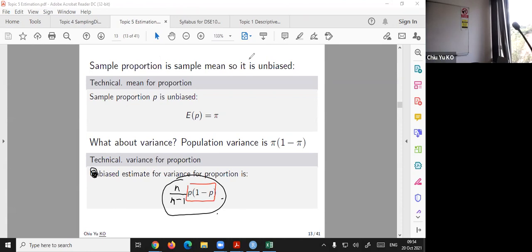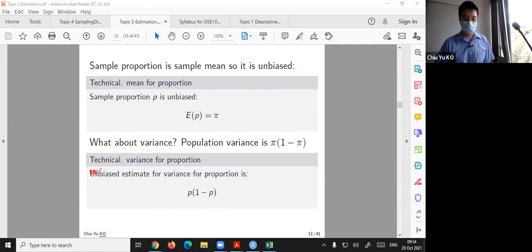Okay, so that is what we're doing in the next set of slides. Just to make sure, this is a biased estimate, but we're using it anyway, because there is no harm; it's usually not a big deal. Just for simplicity, to make our life easier, we use this one.